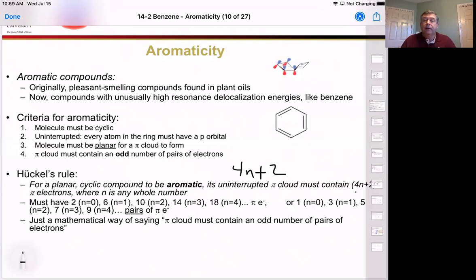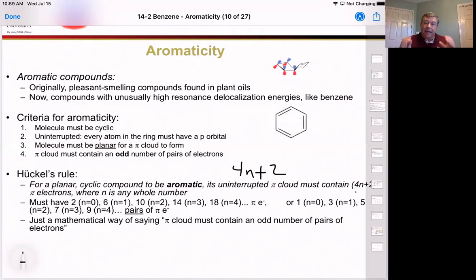If we put the number 1 in for n, then we have 4 plus 2, which is 6. That's the number of electrons we have in benzene, and that gives us 3 pairs of electrons. And if we go up to the next number, which is 10, we would have 10 electrons in our p orbitals, which gives us 5 pairs of electrons, which is an odd number.